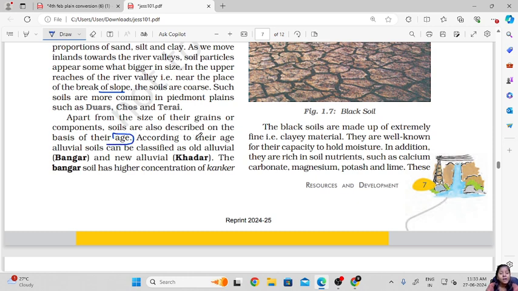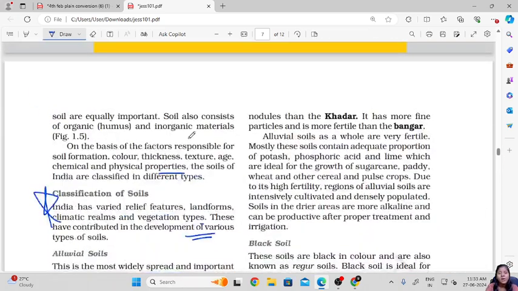According to their age, alluvial soils can be classified as old alluvial soil, Bangar, and new alluvial soil, Khadar. The Bangar soil has a higher concentration of kankar nodules than the Khadar. Khadar has more fine particles and is more fertile than the Bangar.